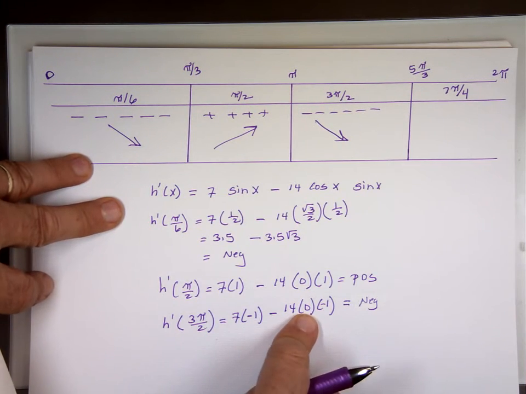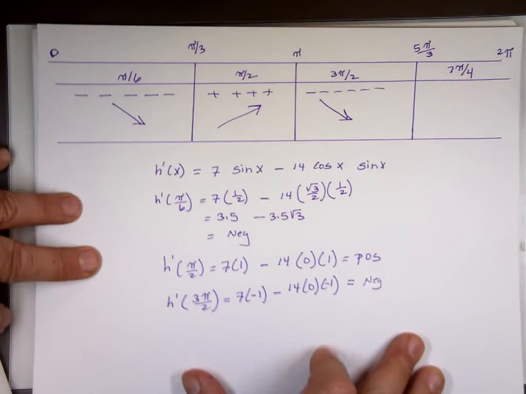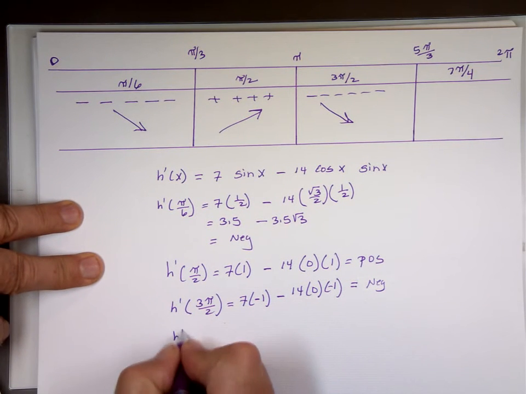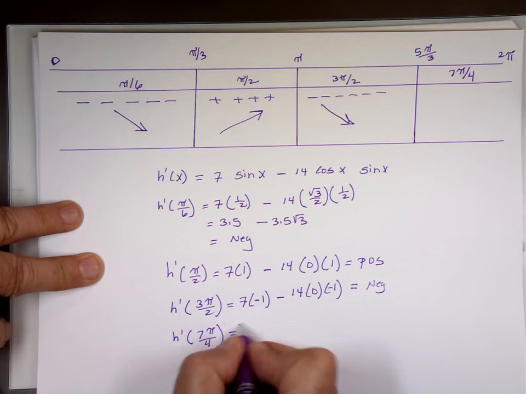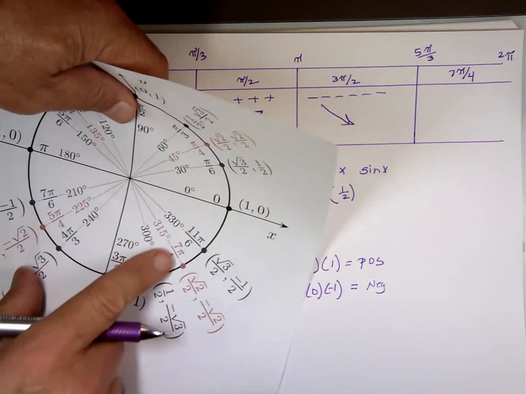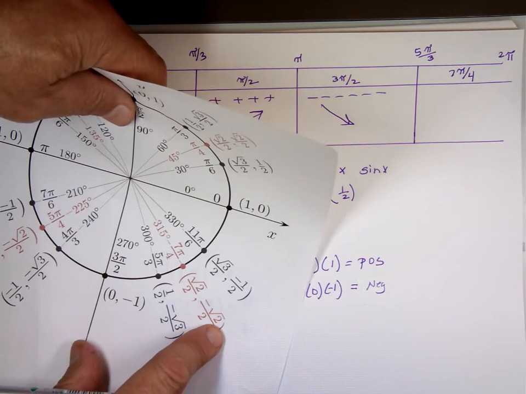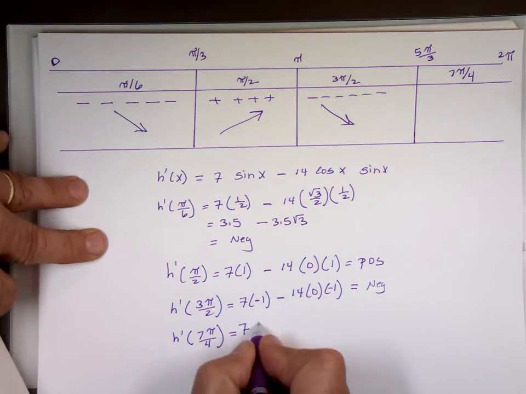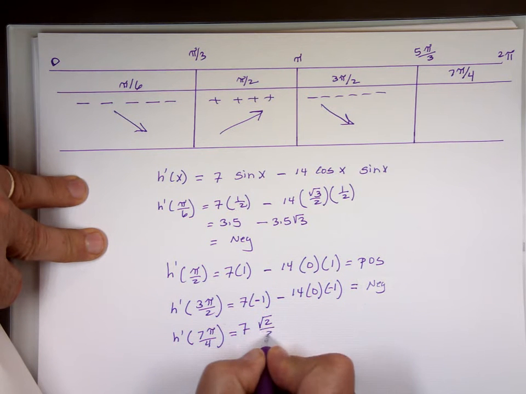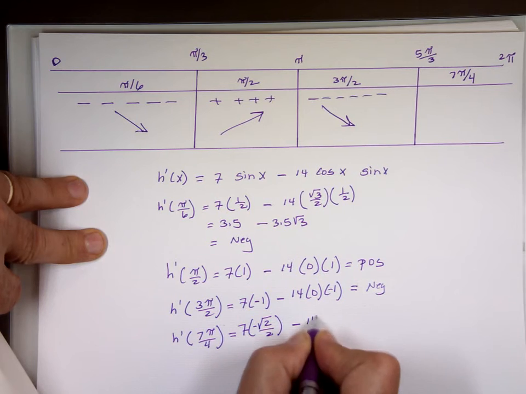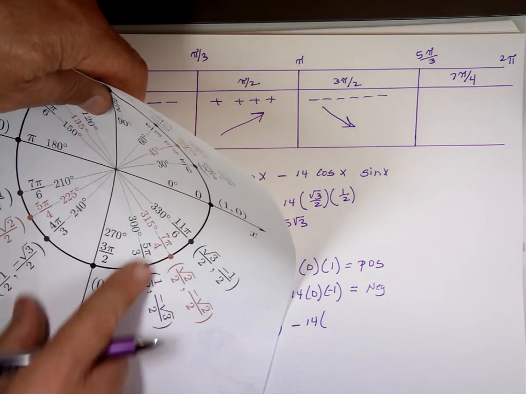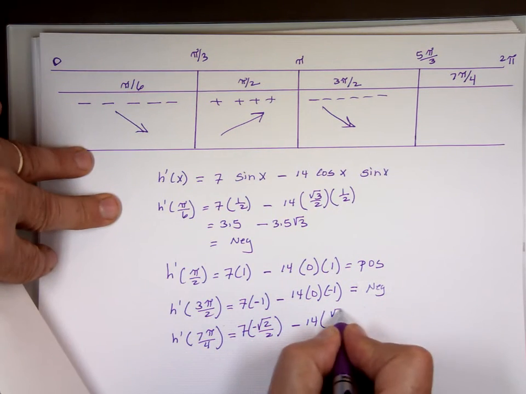And the last test point I'm going to use is 7 pi over 4. 7 pi over 4, the sine is negative square root of 2 over 2. Cosine, square root of 2 over 2.